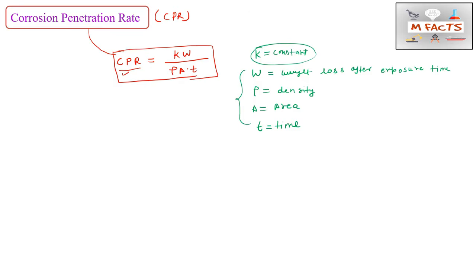This is a very simple calculation, but one thing we should remember about this formula is that K is a constant having different values depending on the unit of CPR. CPR may be calculated in two units.